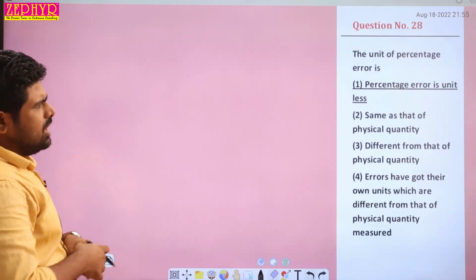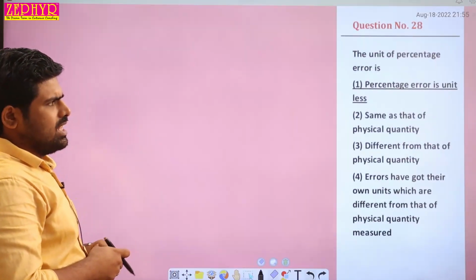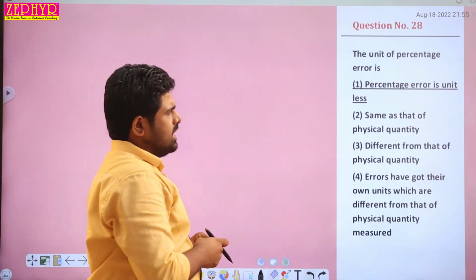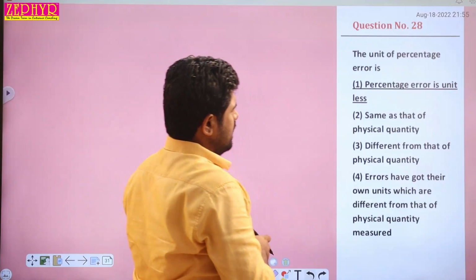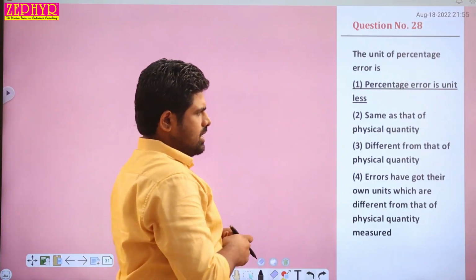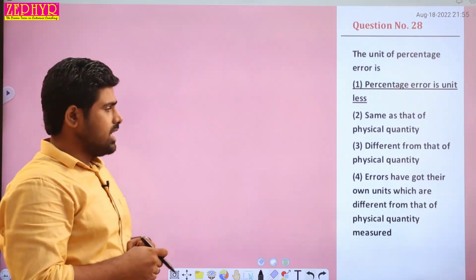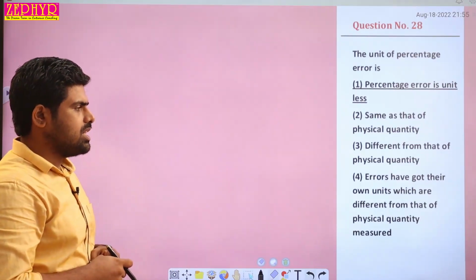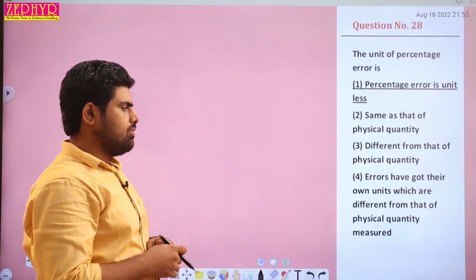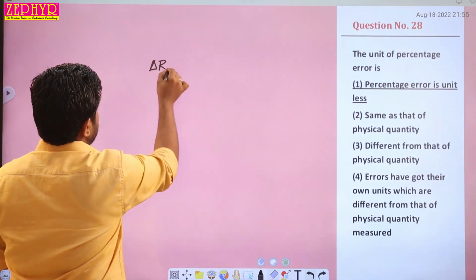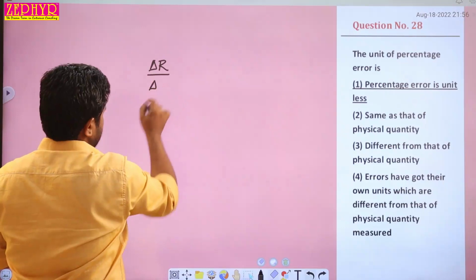Then next question. The unit of percentage error is. The options are: percentage error is unitless, same as that of the physical quantity, different from that of the physical quantity, or errors have their own units which are different from that of the physical quantity. Percentage error means we use the same quantity in numerator and denominator.